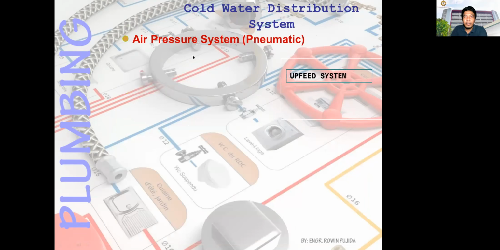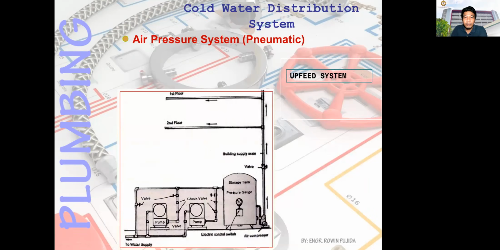Air pressure system or pneumatic. This is using a pump. You have the storage tank and then you pump it to your second floor and to other floors. That is upfeed. If you don't have an overhead tank, you can have the upfeed system.